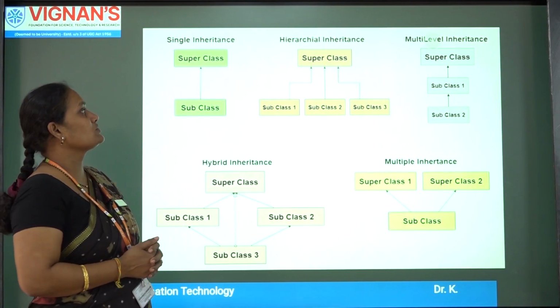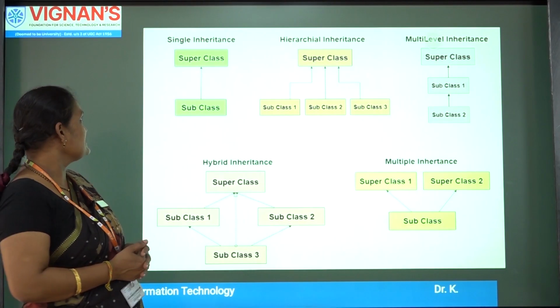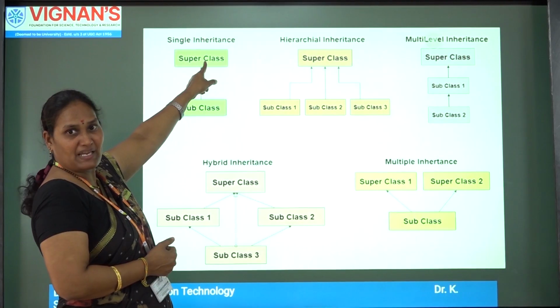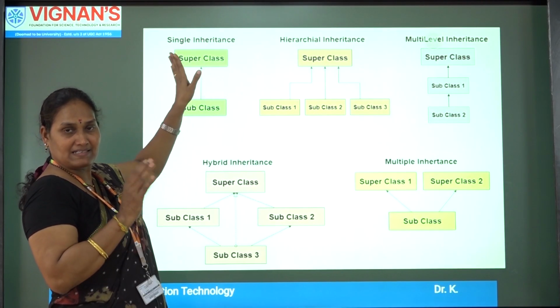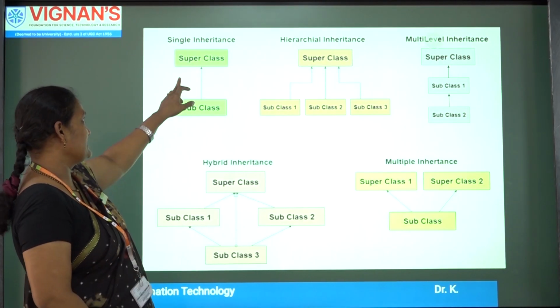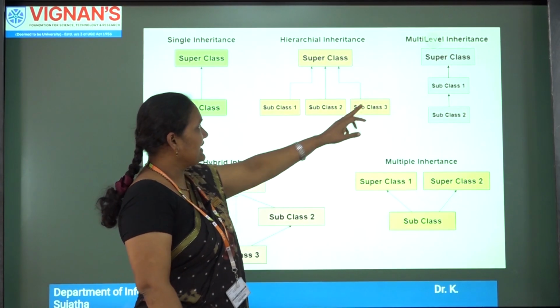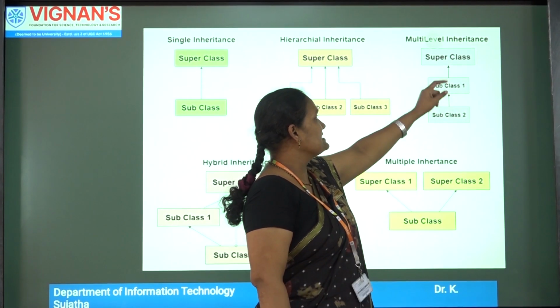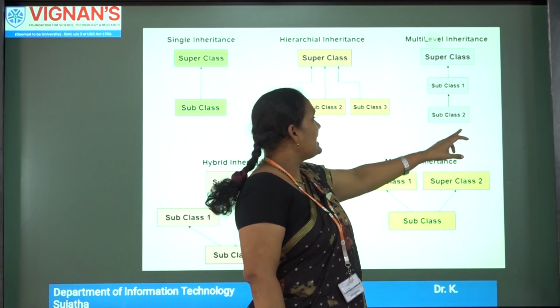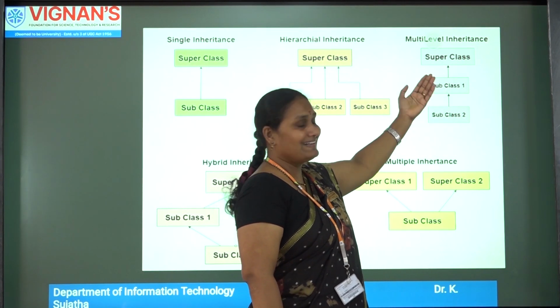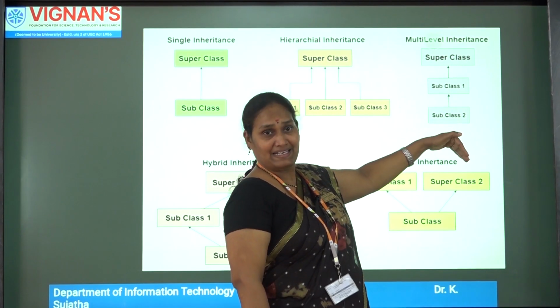Now I hope that everybody understands the different types of inheritances. So here is a gist of all the different types of inheritances. Single inheritance: a subclass can be derived from a superclass. One single subclass is derived from one single superclass. That is called single inheritance. Next, in multi-level inheritance, a subclass is inherited from a superclass, and another subclass is inherited from that subclass, and we can go to any number of levels when inheriting.